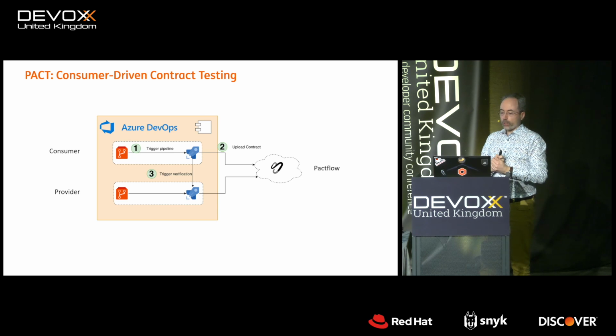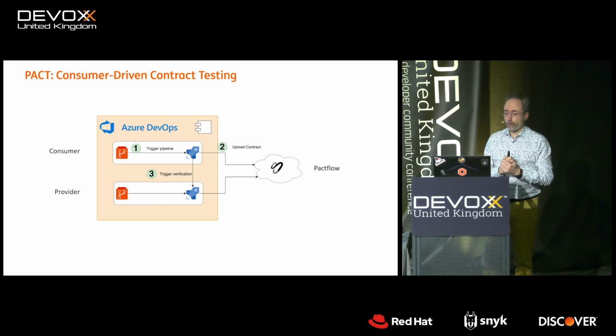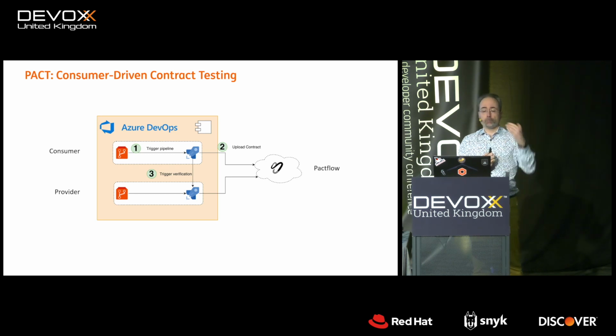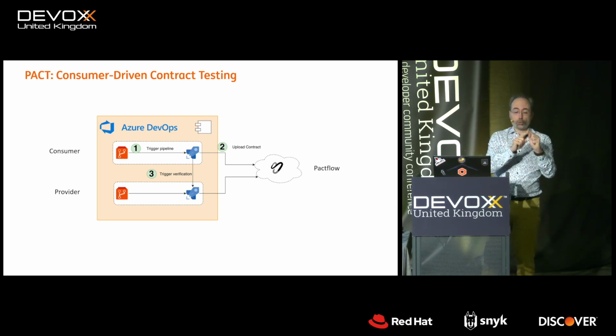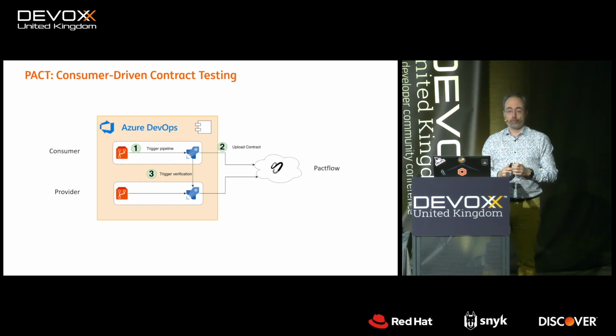How does that work? We do use Azure DevOps. Therefore, when the consumer is being built, its pipeline is executed. A step in that pipeline uploads the contract into Pactflow, and it will automatically trigger the provider pipelines.